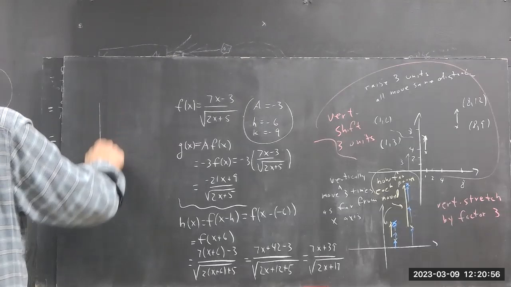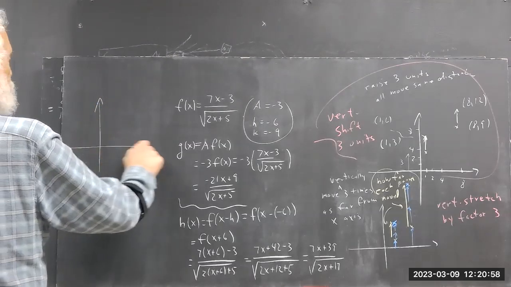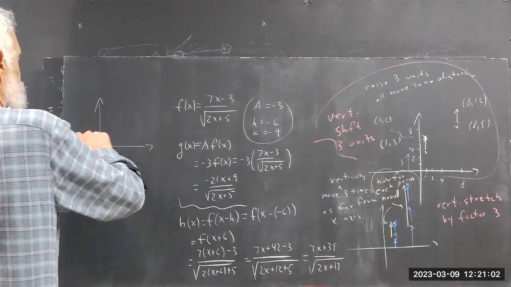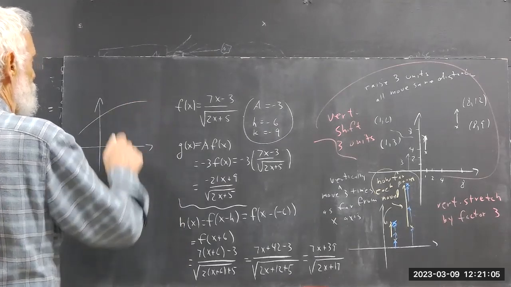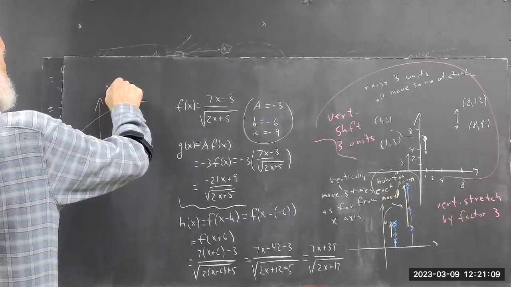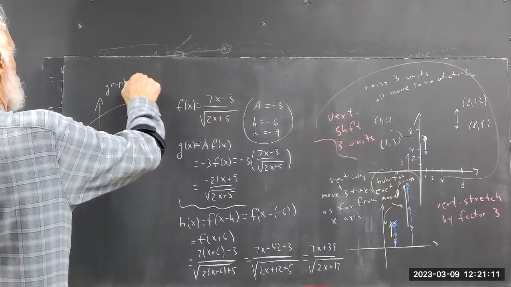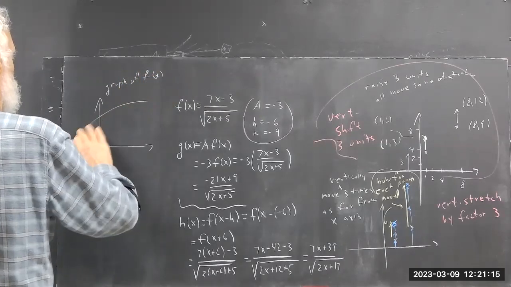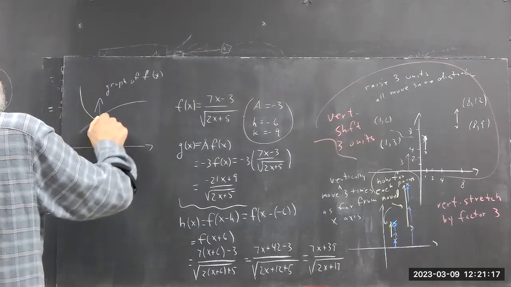Now, if we had a graph of f of x, and of course, the problem doesn't address this, but say the graph of f of x looks something like this. Actually, the graph probably looks something like this. Okay.